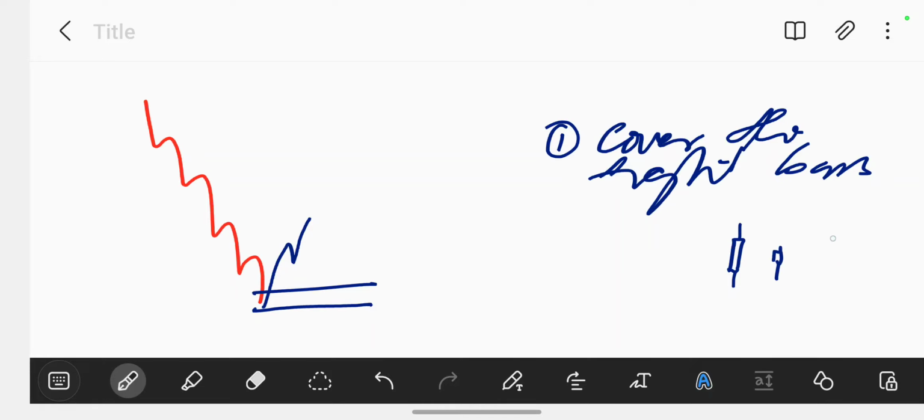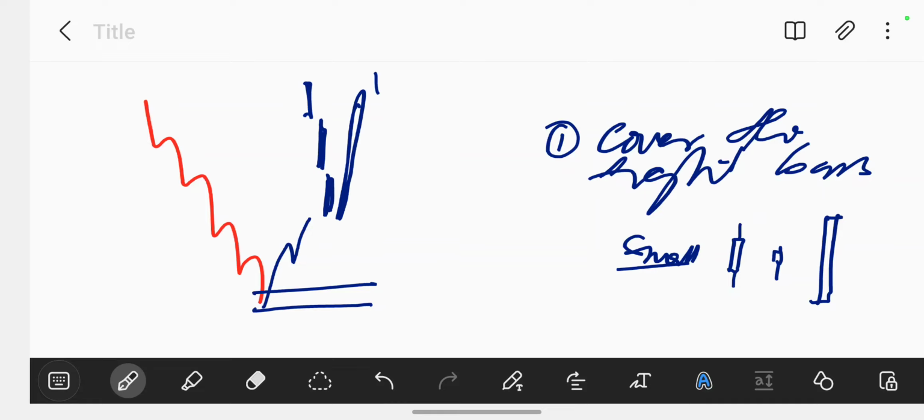These bars are smaller than normal bars, they look smaller in that area. But sometimes it can happen that the price comes down with big bars, and then still reverses with big bars. There, what you can do is take that last big bar when you're going down and mark it with the lowest point, and that will be your zone or your area.